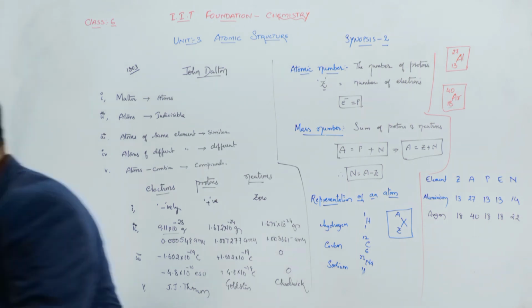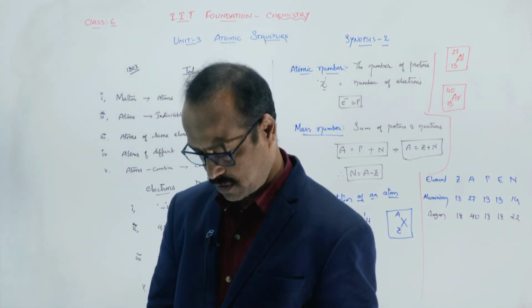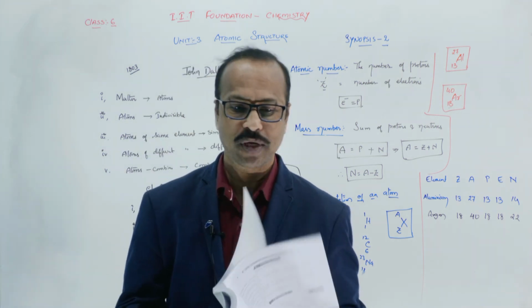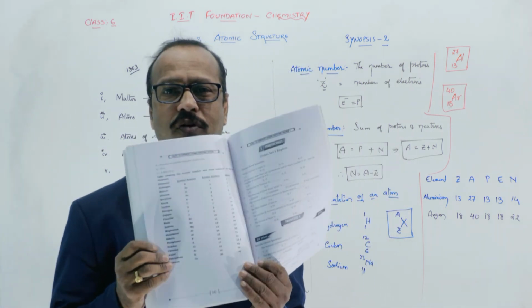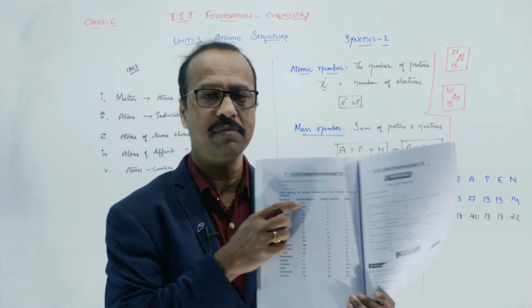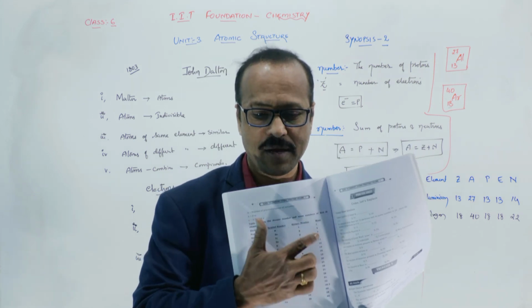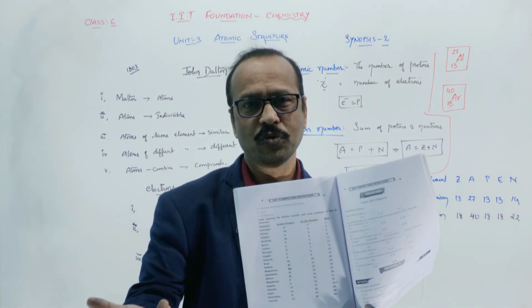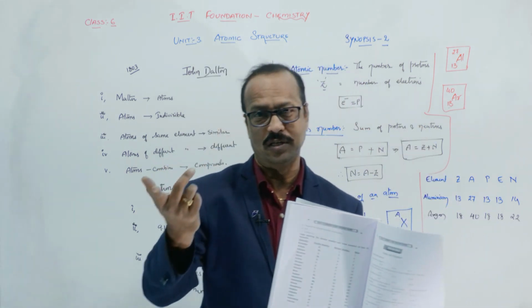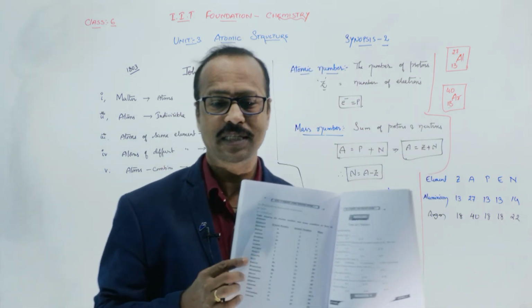Now, open your material to page number 142. Here the elements are given, with the symbol, atomic number and mass number. You need to find the protons, electrons and neutrons. Very simple, no? Protons is nothing but the atomic number.